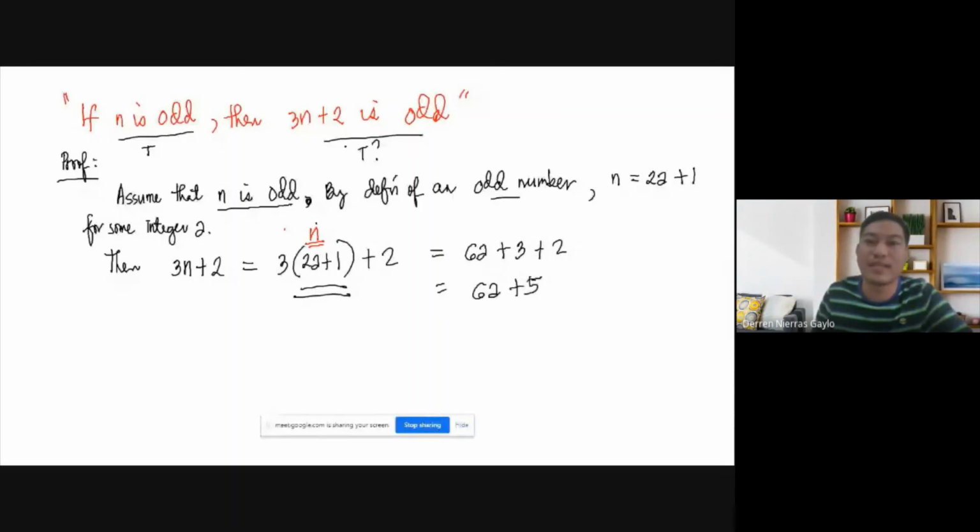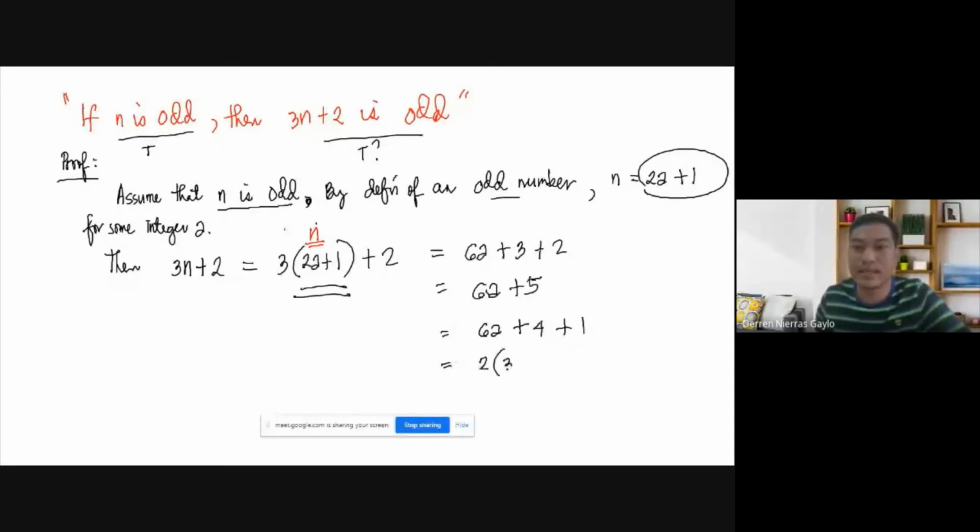But take note, if you say odd number, you can convert it to 2a plus 1. Therefore, you can have 6a plus 4, right? Plus 1. And then with 6a plus 4, you can convert it into 2 times 3a plus 2, plus 1.